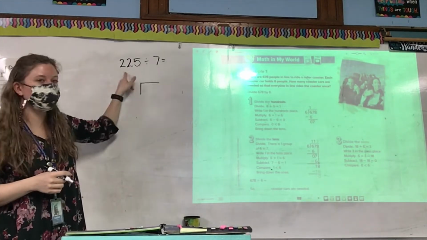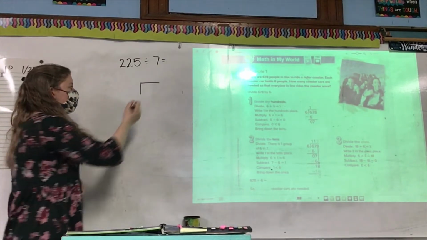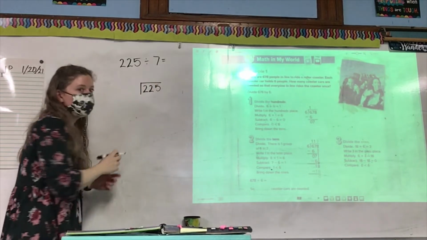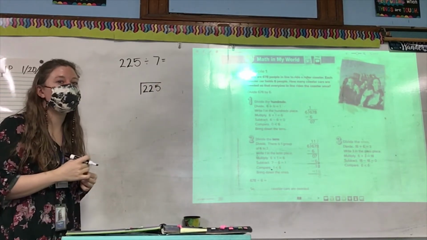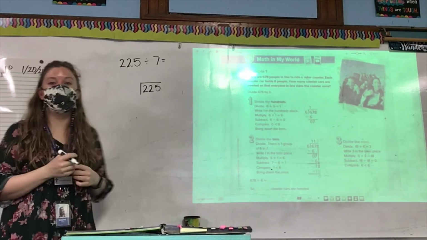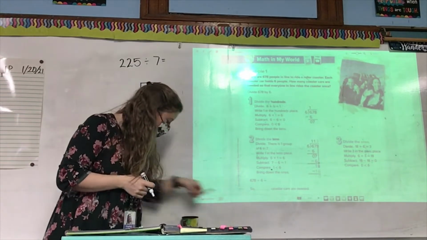Which part of this problem goes in the bracket, Colin? 225, because 225 is the greatest number, which means it's the dividend. Remember, the dividend goes inside the bracket.